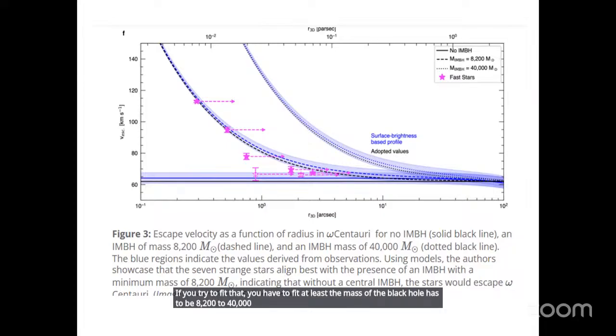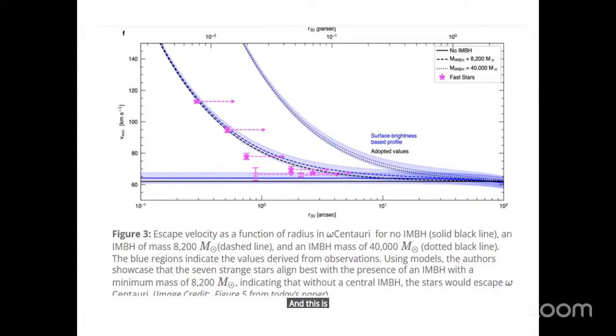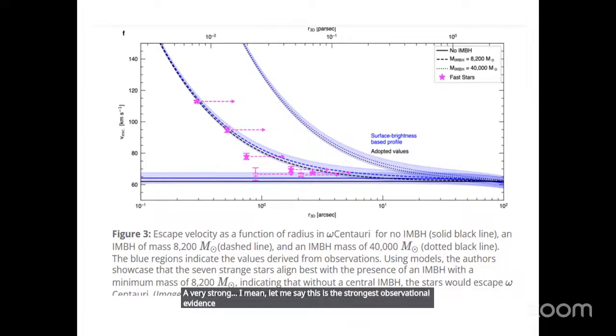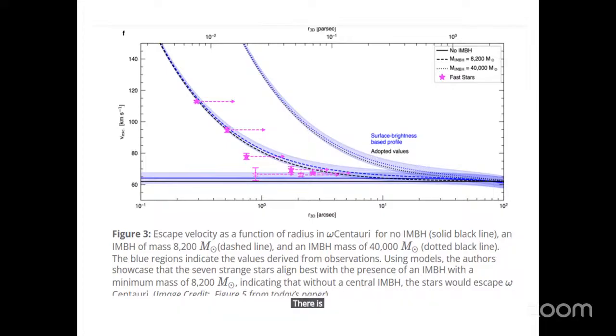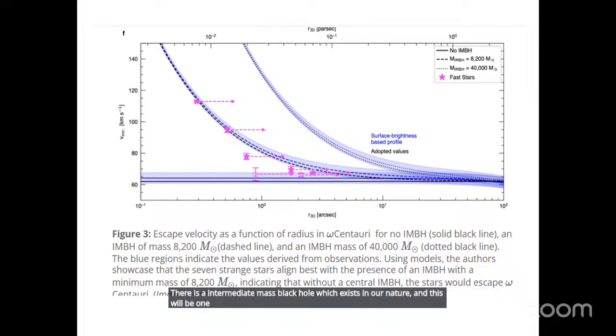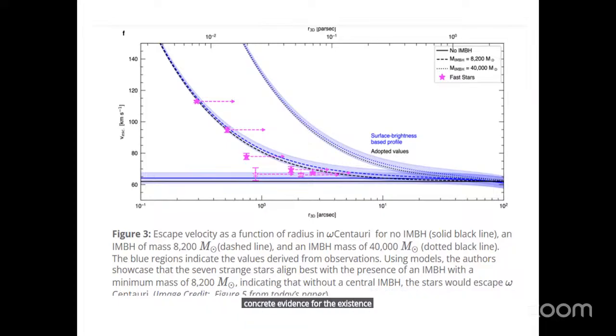And this is, let me say, the strongest observational evidence till now that there is an intermediate mass black hole which exists in nature, and this will be one of the concrete evidences for the existence of the intermediate mass black hole.